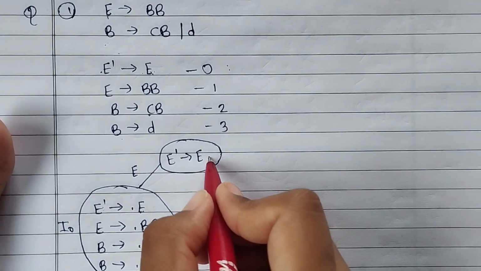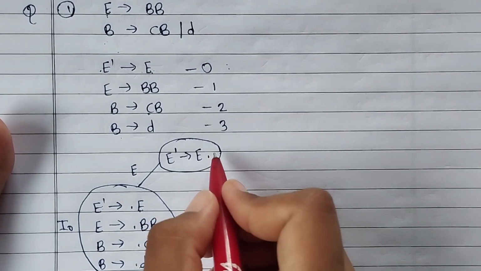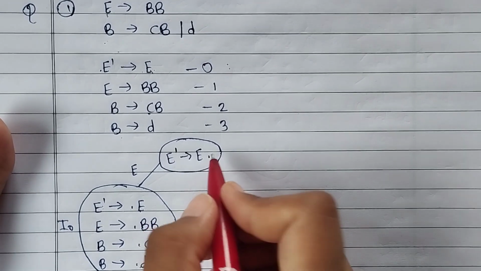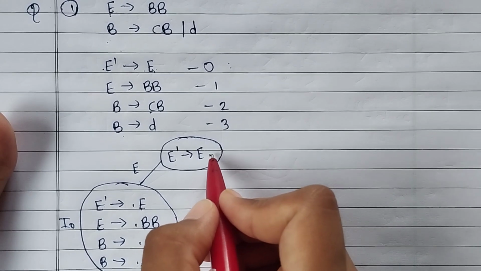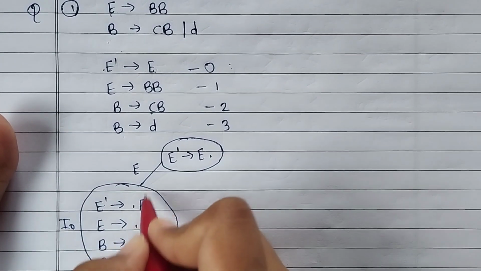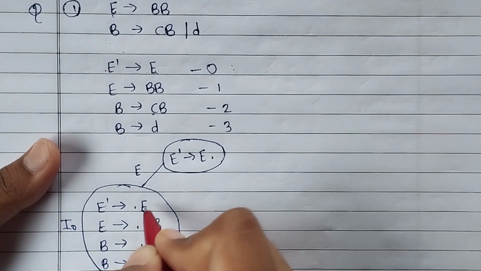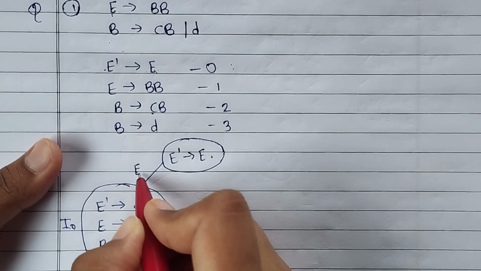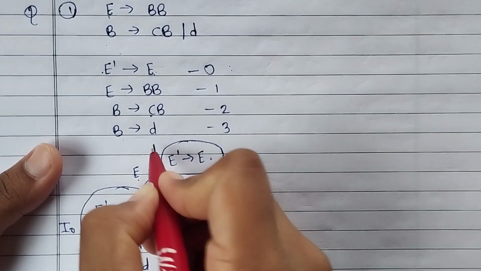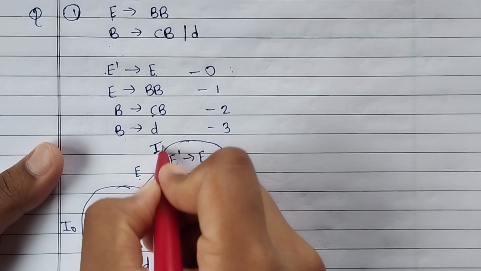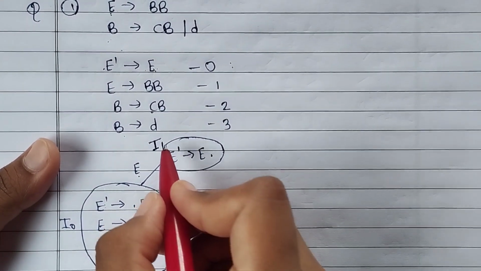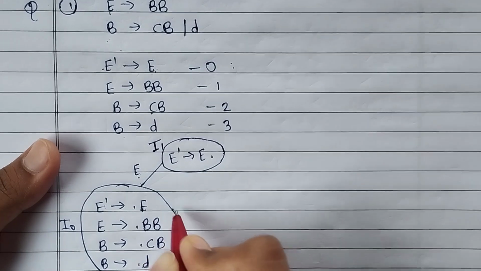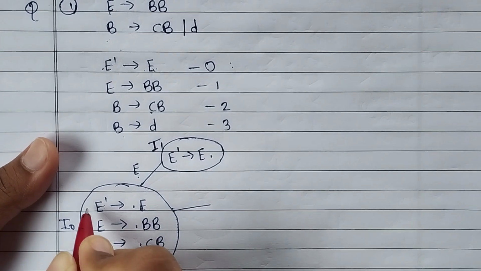We stop here because this is the end of the grammar and no variable is present after the dot. We draw this transition with the help of E, so we write E here, and this is our first state, I1. Now this one is completed.